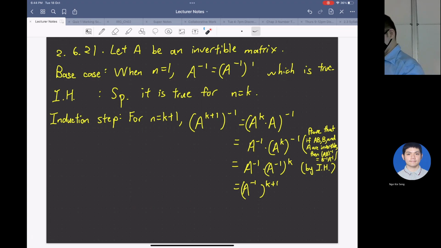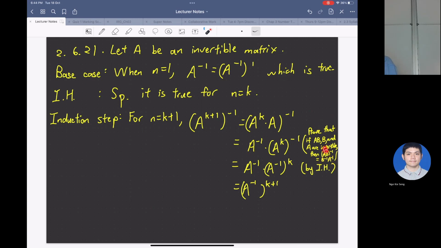The next one, why I ask you to do it, is because this question can use proof by induction. That's why I added this question in. But one step here, I think they did in the question before. If not, it is not hard to prove that if A and B are invertible, then the inverse of AB is B inverse times A inverse.